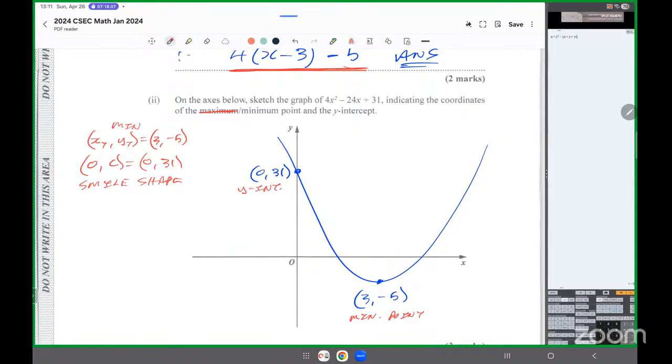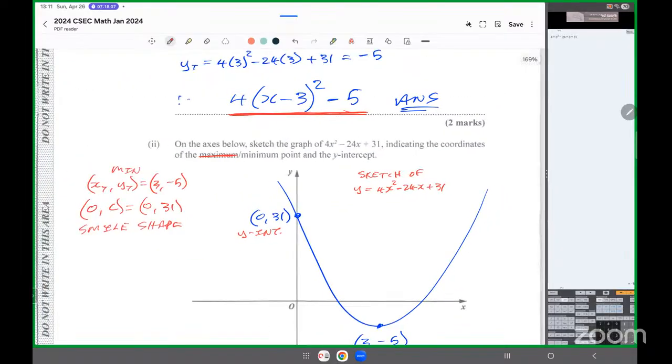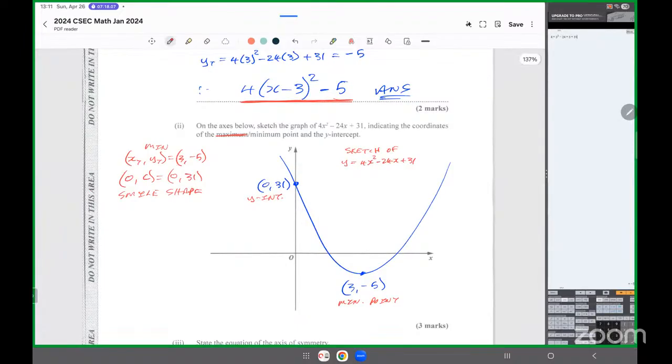I label it up like: sketch of y equals 4x squared minus 24x plus 31. That is it. Very good.